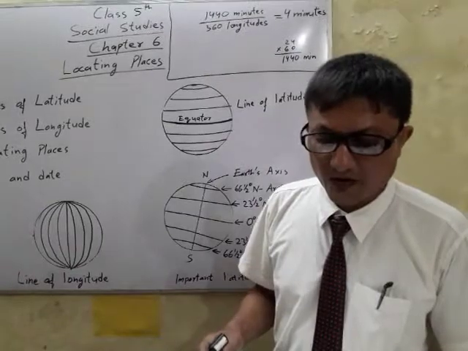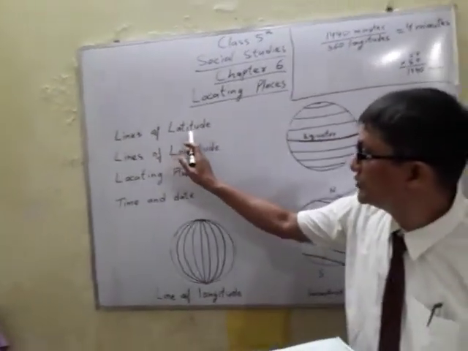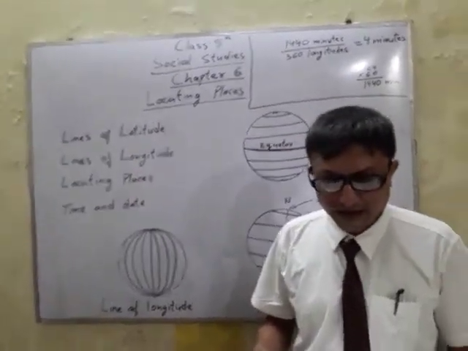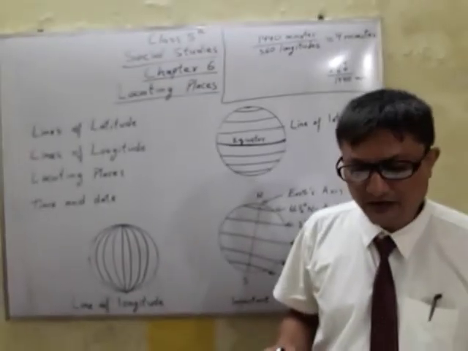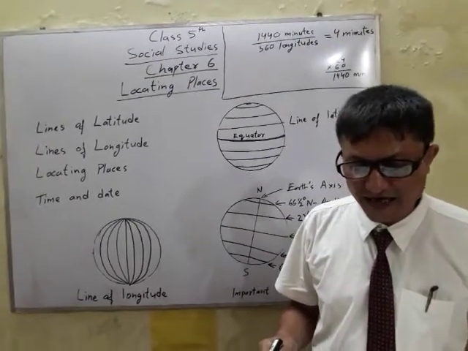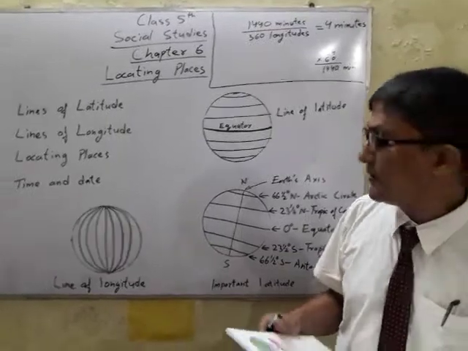Now, what are lines of latitude? These are the imaginary lines which run in the east-west direction. They are called parallels.